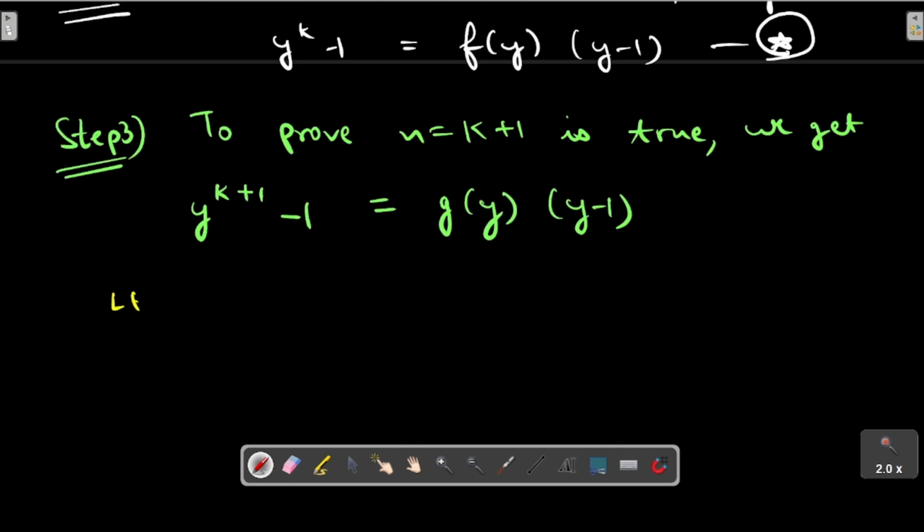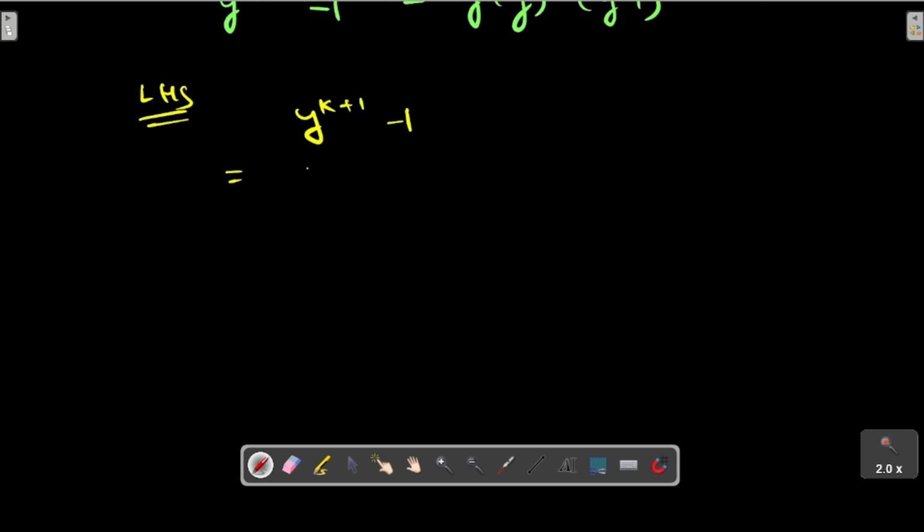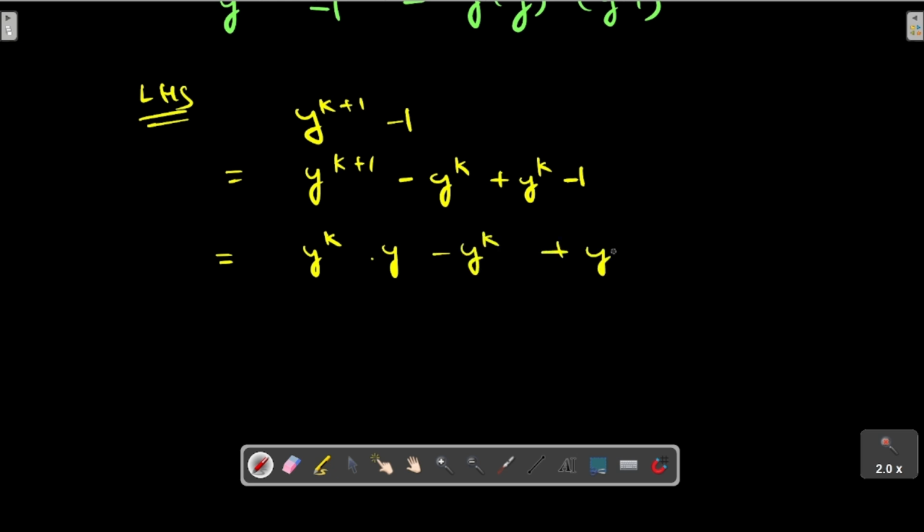Now let's focus on LHS. So y to the power of k plus 1 minus 1. There's a trick: y to the power of k plus 1, then you add and subtract y to the power of k. So this will be y to the power of k times y minus y to the power of k, plus y to the power of k minus 1.